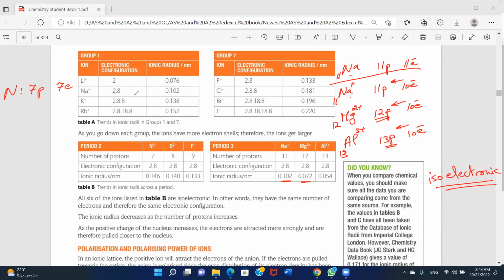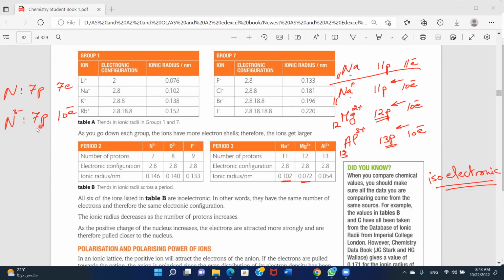But when nitrogen gains 3 electrons to form the nitride ion, it will have 7 protons and now 10 electrons. So it is isoelectronic also with the positive ions because it contains the same number of electrons.